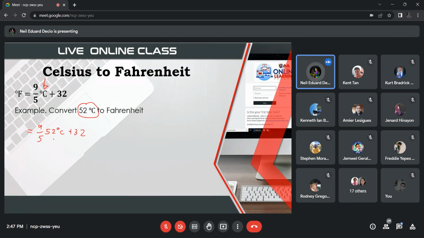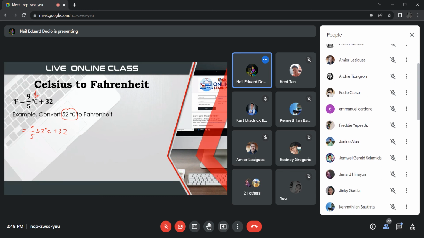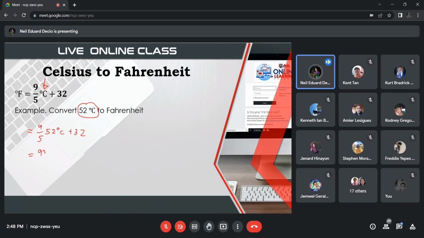So unahin muna natin yung may multiplication, 9/5 of 52. That is equal to 93.6. We add that to 32. So that is equal to 125.6 degrees Fahrenheit. So that is how we convert Celsius to Fahrenheit. Given naman tayo ng formula, so take note of the formula na lang, ha?